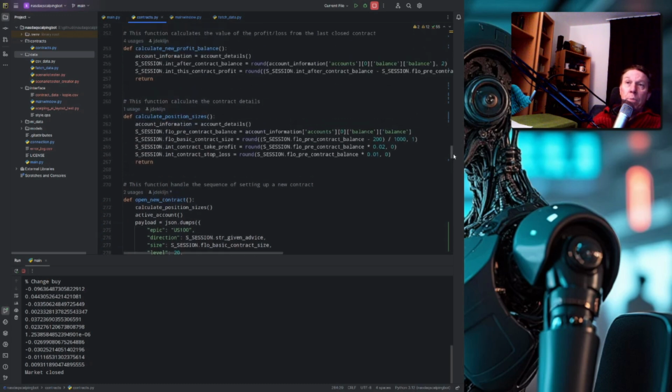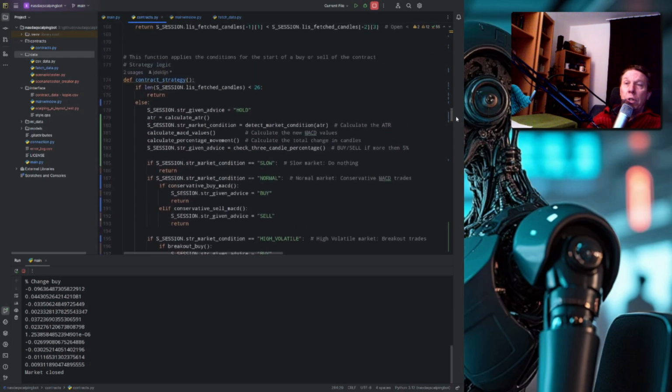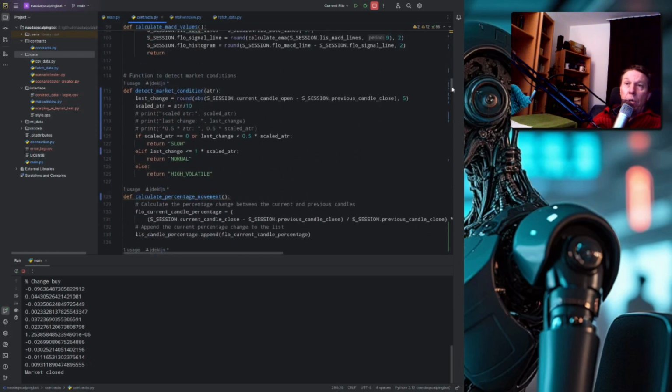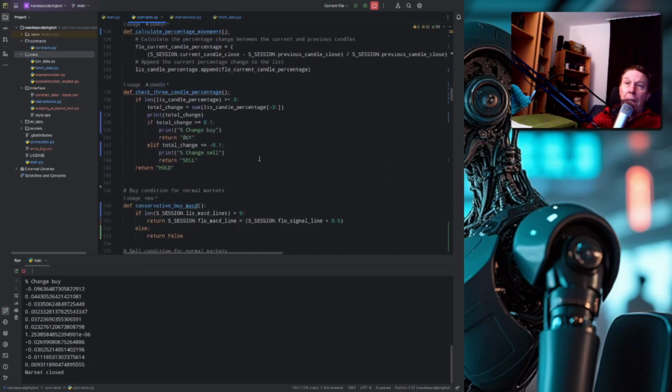And I removed the printouts of everything else in the code, like the detect market condition. Those 3, you see, I already commented out, and the only one I still wanted to follow, to see what was happening, was the print of the total change in percentage.